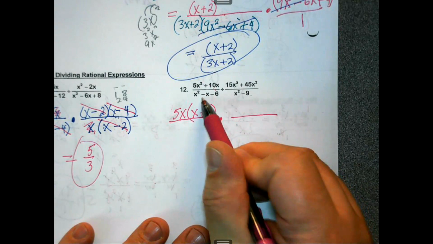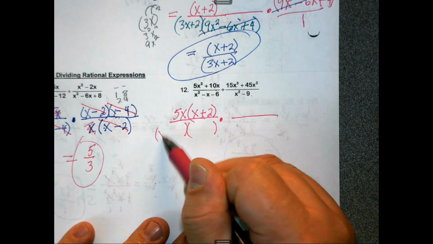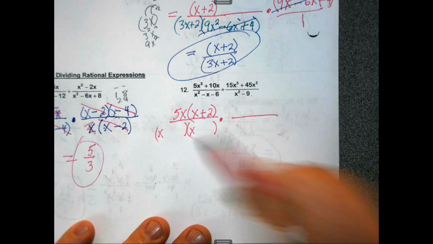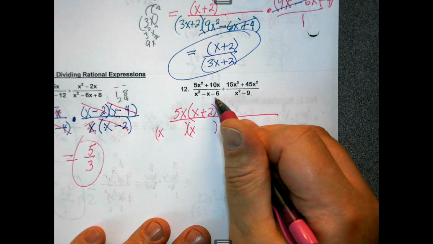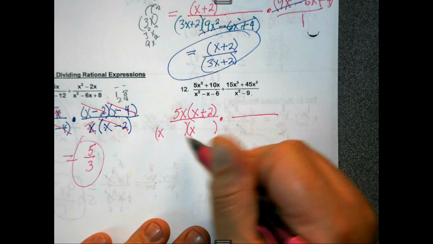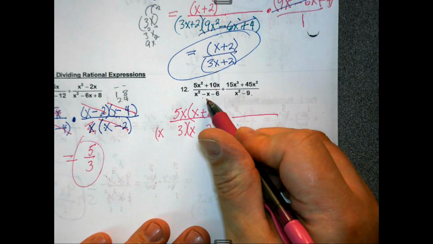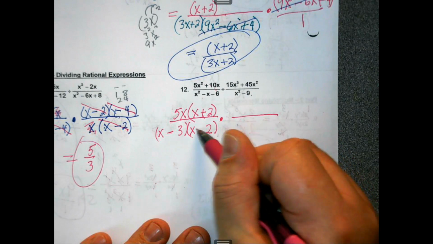I'm going to go ahead and factor the denominator. x times x. I'm going to use the factors 3 and 2. They're going to have to subtract to a negative 1, so minus 3 plus 2.